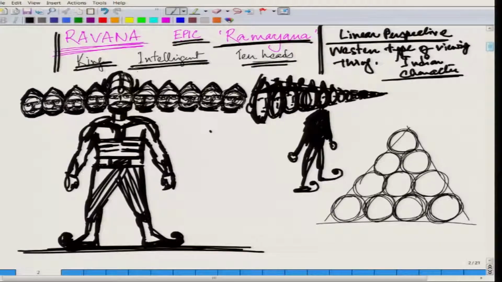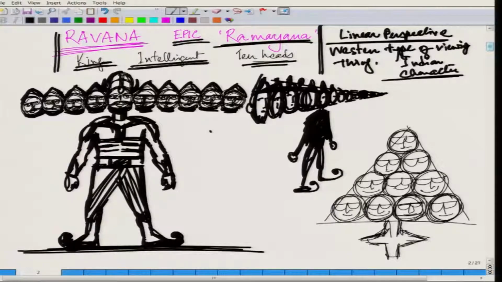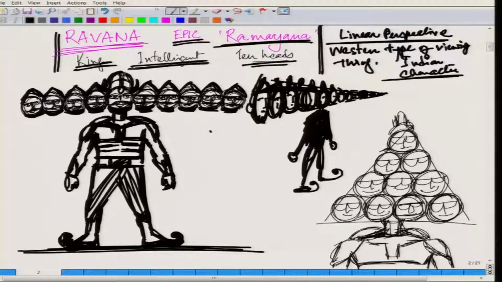So, if we feel he was intelligent, this is an intelligent and innovative way to place the heads. So, that is perhaps an arbitrary formation.